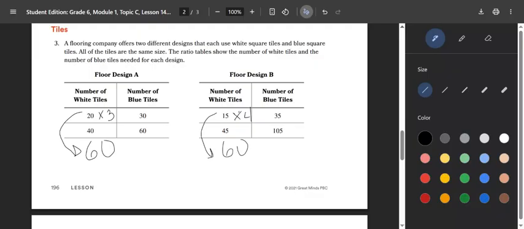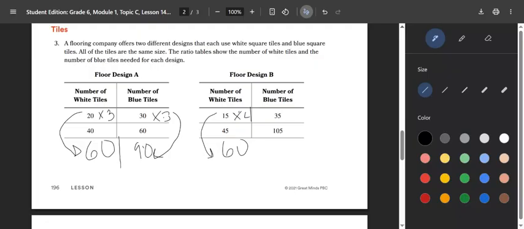So now I've got the number of white tiles both being 60, so I can go back and make an equivalent ratio to 20 to 30 by multiplying the 30 also by 3, and that's going to give me 90.